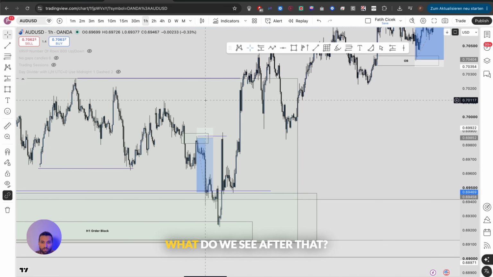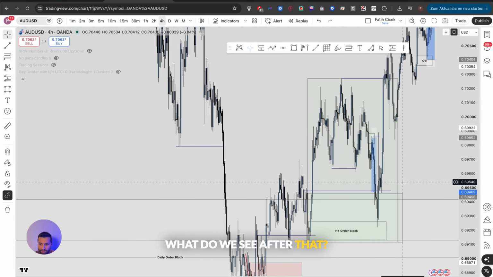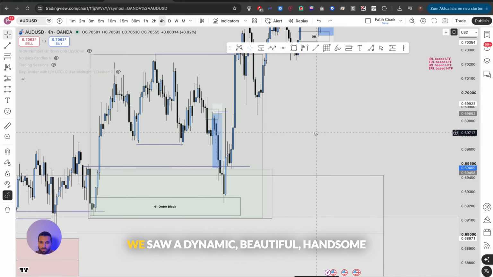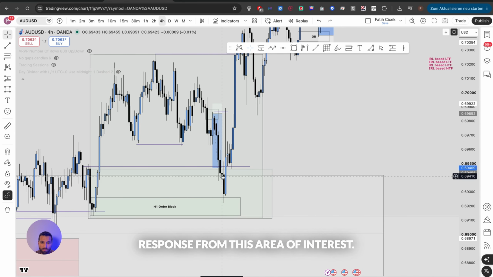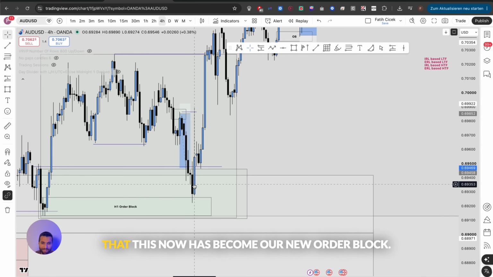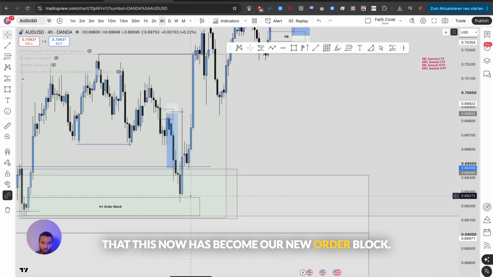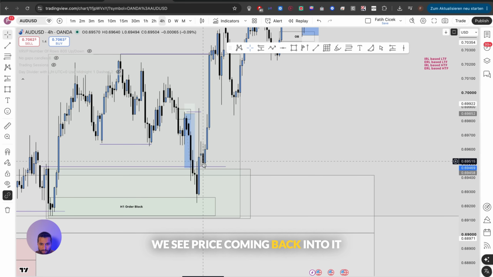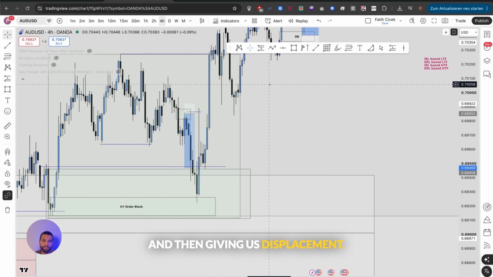Beautiful. What do we see after that? We see in the 4 hour time frame a dynamic, beautiful, handsome response from this area of interest. This huge candle over here validated to us that this has now become our new order block. We see price coming back into it and then giving us displacement.